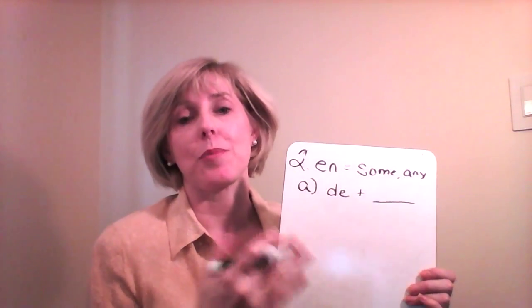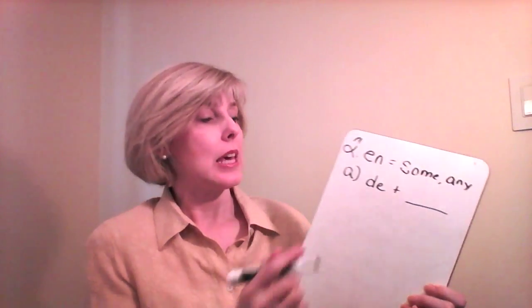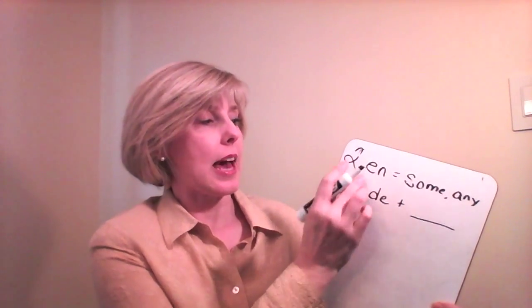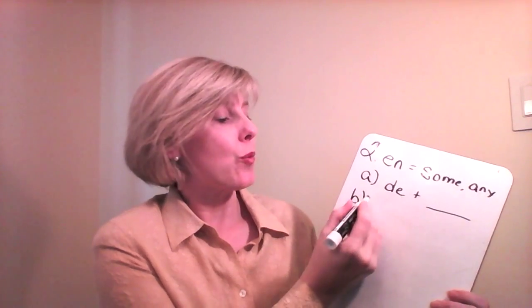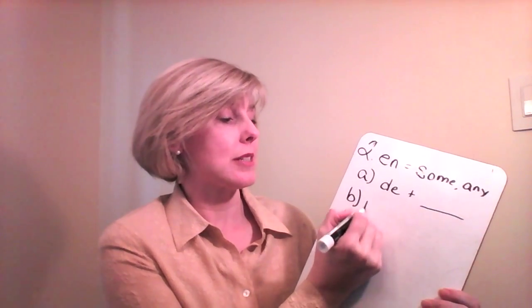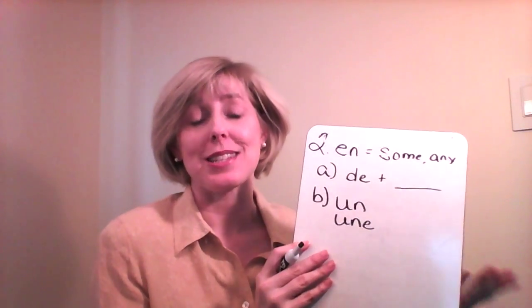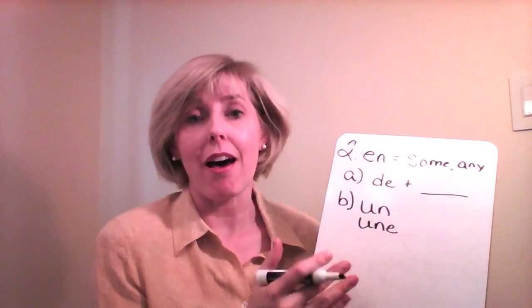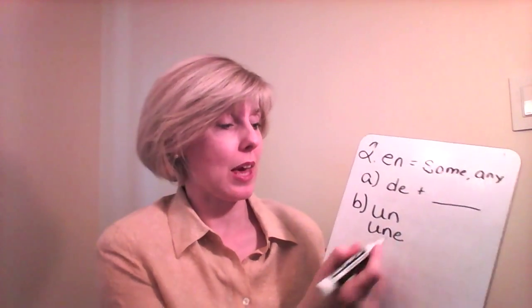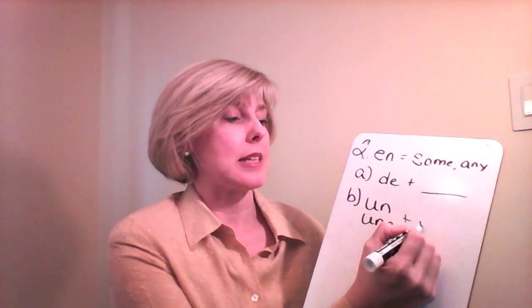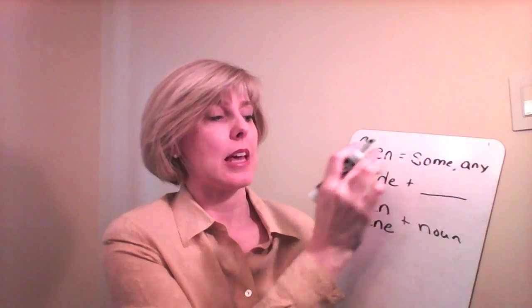Usually a noun, it can be an infinitive like we just saw. Okay? Another thing that en can replace would be a number. For example, un or une. Now, we don't really think of un, une as numbers. We think of them as the word un, and they are, but they're also numbers. Okay? So, un and une plus a noun. That's the second thing that en can replace.